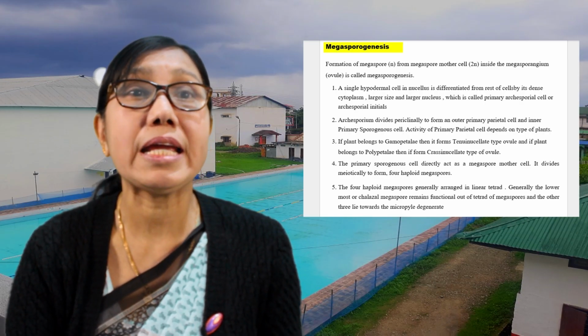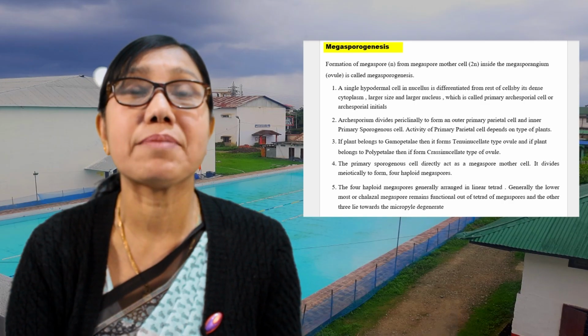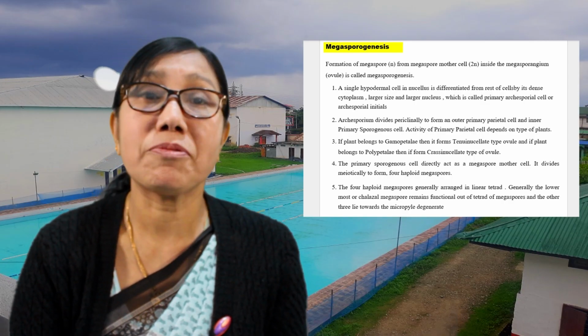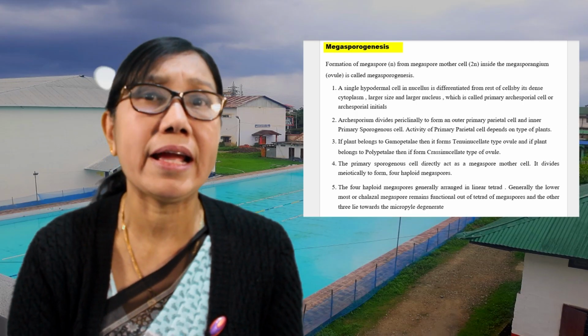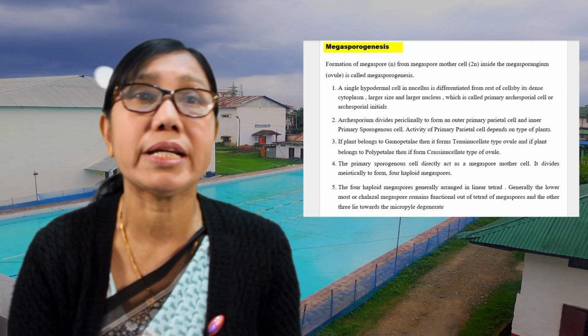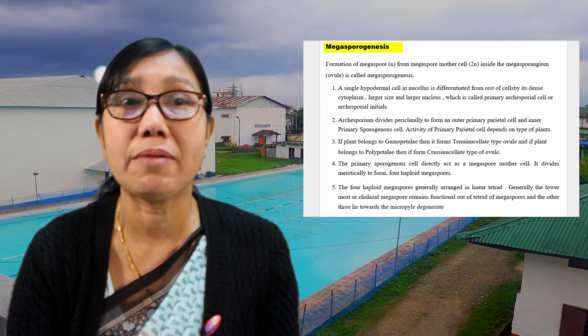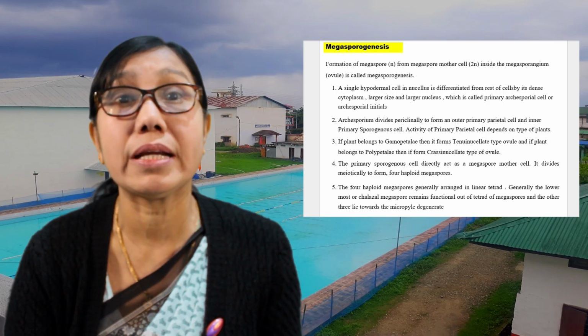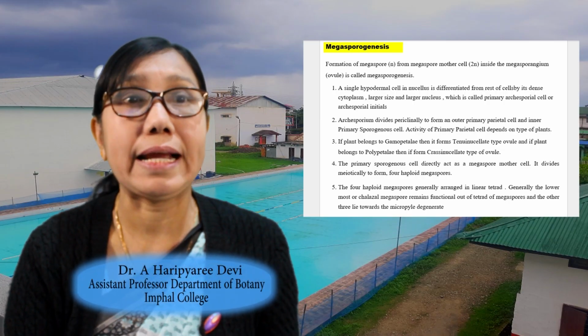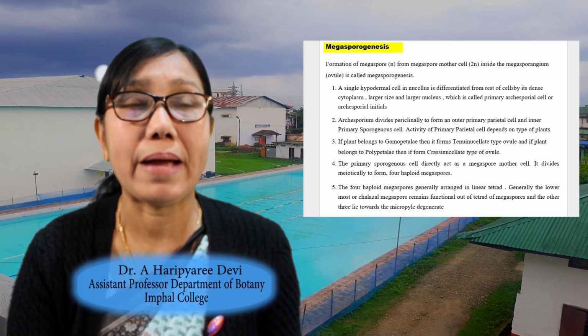The primary sporogenous cell directly acts as the megaspore mother cell. What is its chromosome number? It is diploid, so it divides meiotically, and the chromosome number is reduced to n, to half, to form 4 haploid megaspores.